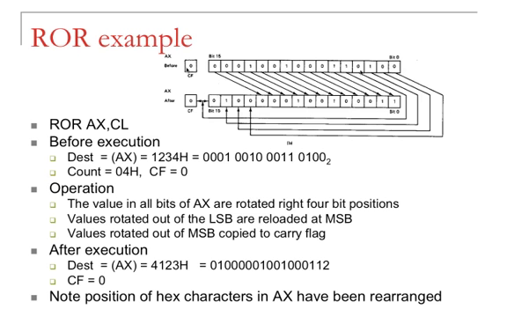So the last bit rotated out of the register will be bit 3. That will be the last value copied into the carry flag. The previous 3 values will be overwritten by the most recent copy. So after the execution, we have 4123 in AX, and we have the carry flag at 0.